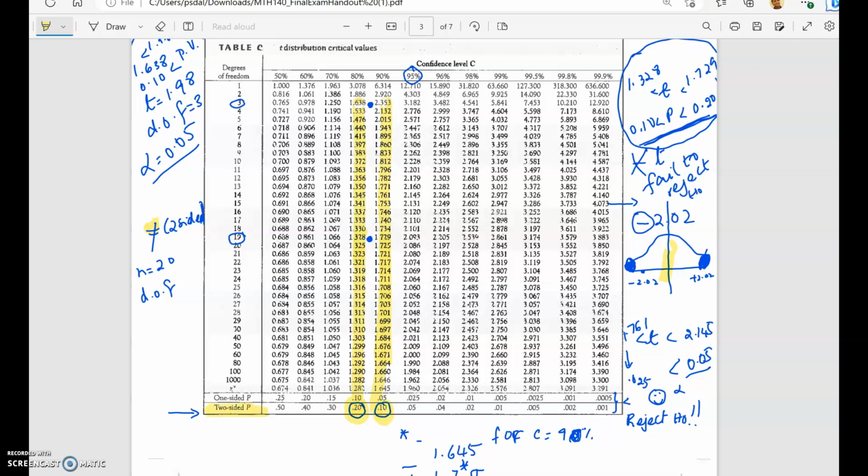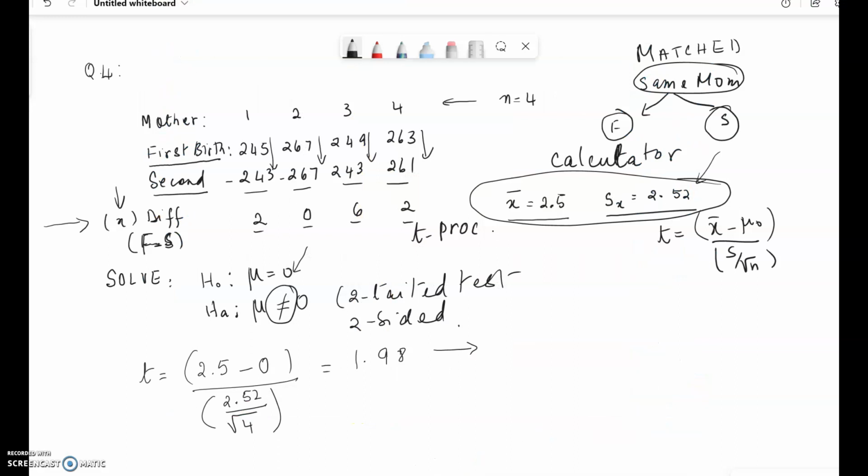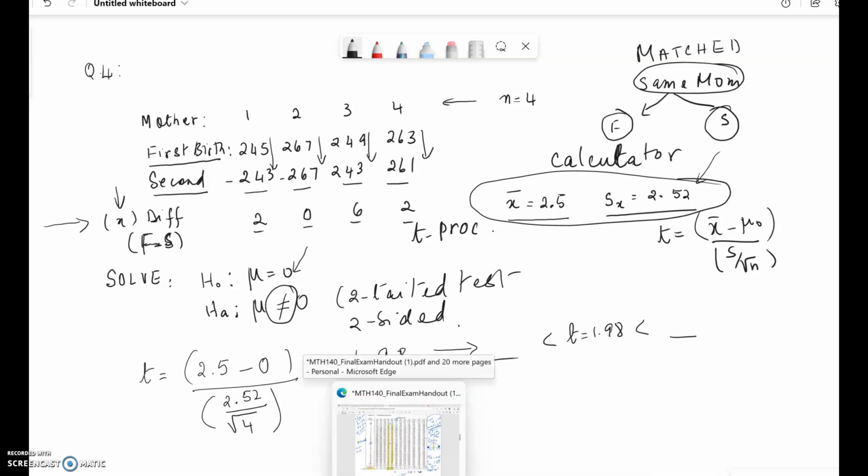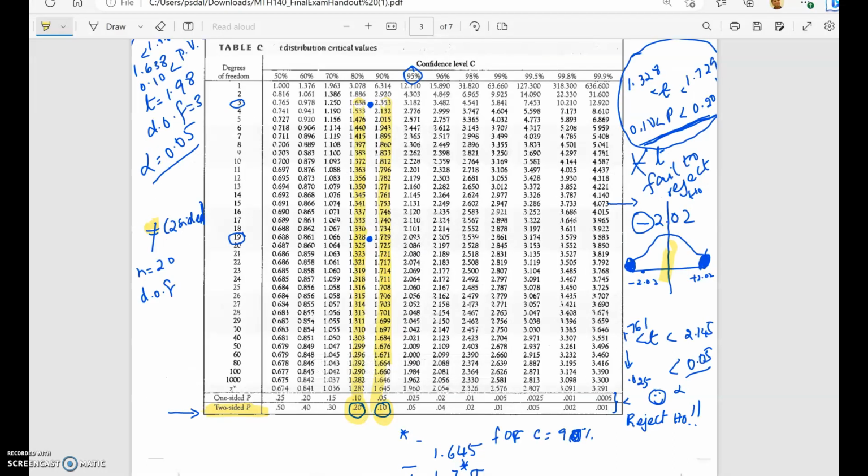So now switching back, we write down the p-value. So write down your t equals 1.98 and write down the two numbers between which your t-value lies. And that is 1.638 and 2.353.